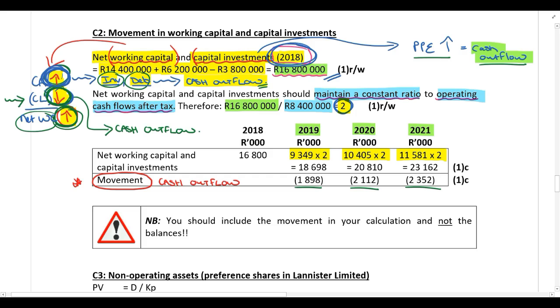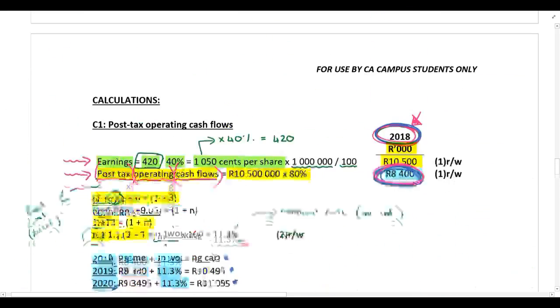Alternatively, it could also mean that current liabilities are decreasing. And if current liabilities are decreasing, the company's paying its creditors, and that is also a cash outflow. So everything tells us that this increasing balance each year is a cash outflow. So go back to your calculation.